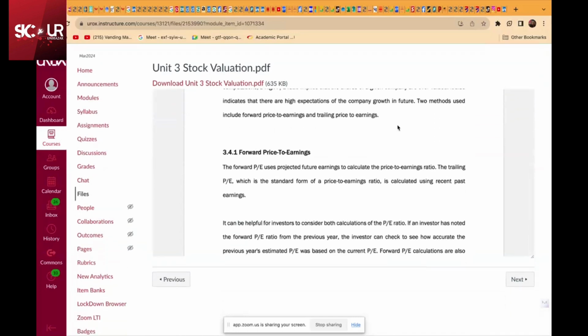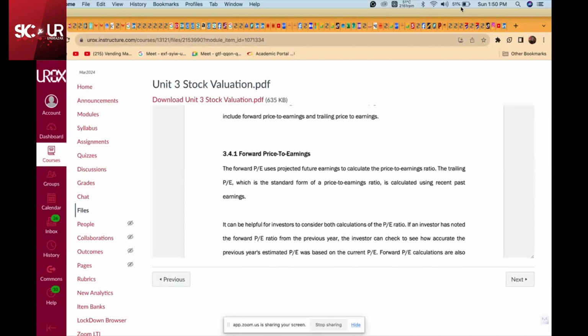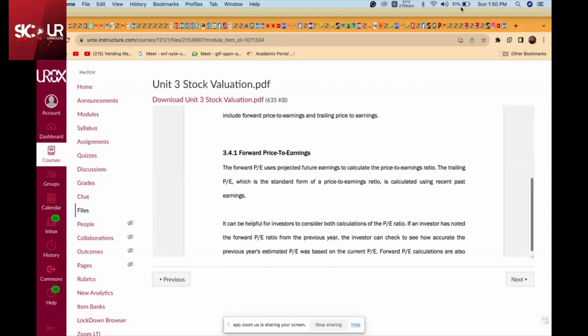Forward price to earning uses projected future earning to calculate the price earning ratio. And the trailing price earning, which is the standard form of the price earning ratio, is calculated using the recent past earning, or the recent net profit after tax.